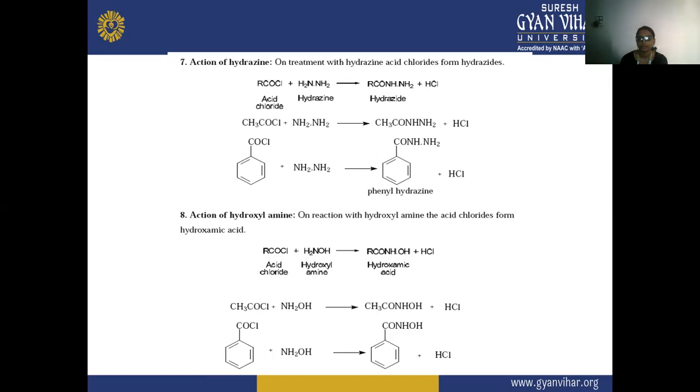So in the seventh reaction, that is the action of hydrazine, the treatment of acid chloride with hydrazine forms hydrazide. So here the hydrazine is getting converted to the hydrazide when it is reacting with the acid chloride.